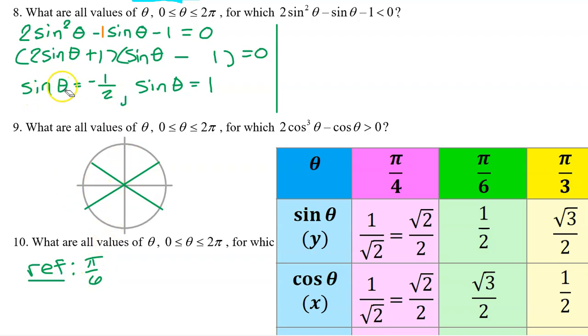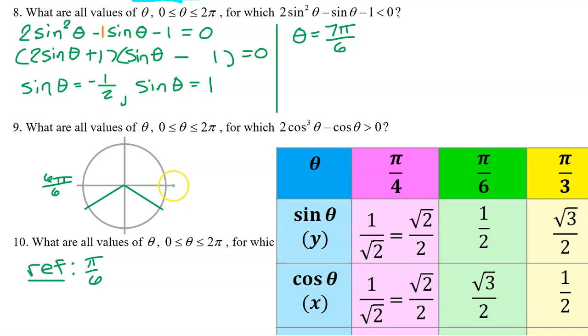Since we want sine theta to equal negative 1/2, we will stick to quadrants 3 and 4, where the y value and thus the sine function is negative. We can think of pi as 6 pi over 6. So this angle in the third quadrant is 7 pi over 6. So that is one solution.